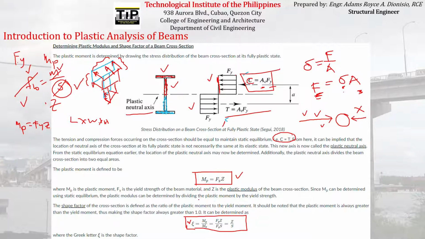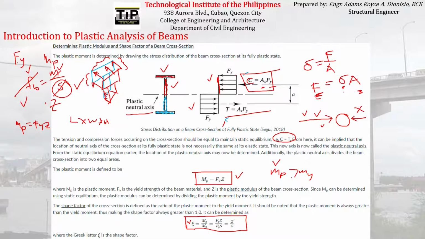So, obviously, from the figure that I have mentioned or showed a while ago, obviously, MP is always greater than My. Kasi nga, ito yung ultimate na event eh. 'Di ba? My, sa simula, nag-yield pa lang yung portion ng cross-section natin. Pero yung MP, kapag MP na yung magnitude ng moment, hindi na lang portion nito yung nag-yield, kundi yung buong cross-section na.